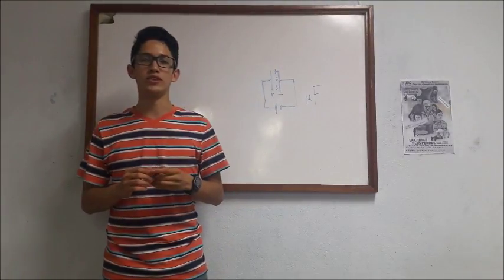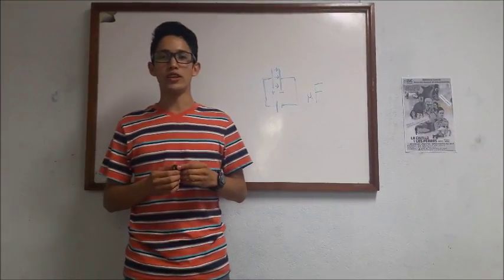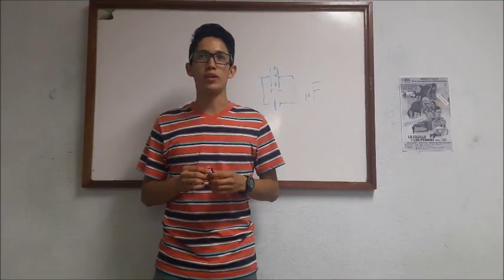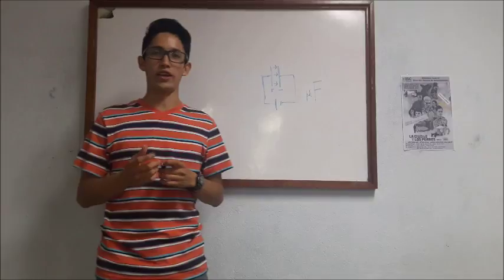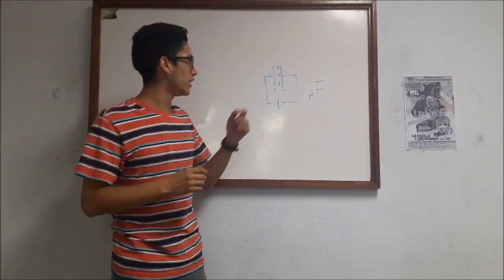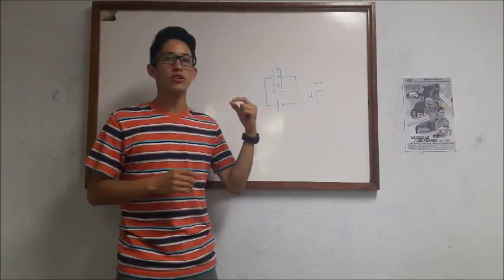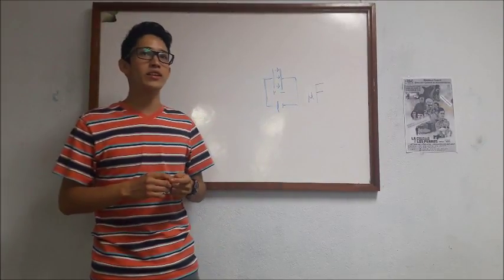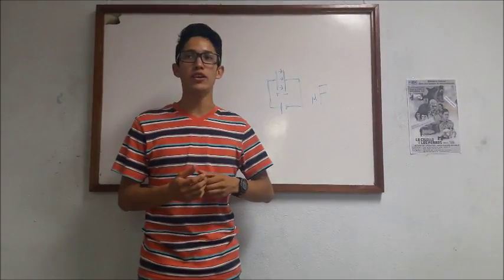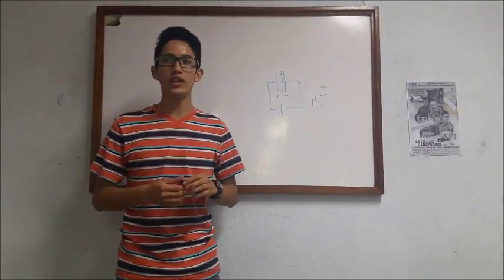Okay, so capacitors. A capacitor is also an electronic device used in circuits. The main function of the capacitor is to store energy. The way that it works is that it has two plates of conductive material, and in between it has a dielectric material, also called an insulator.